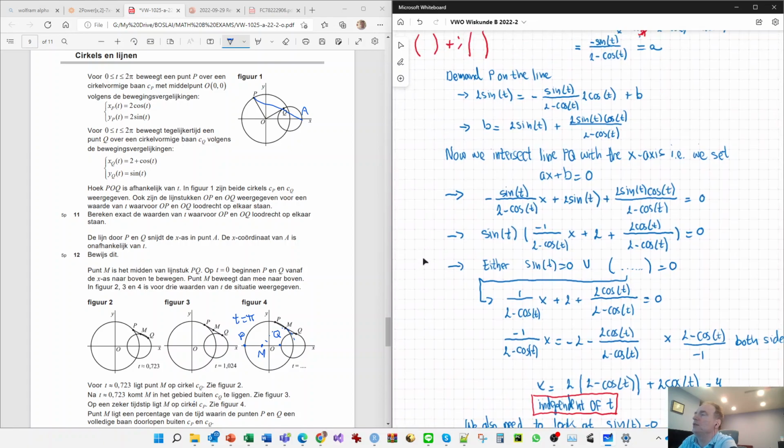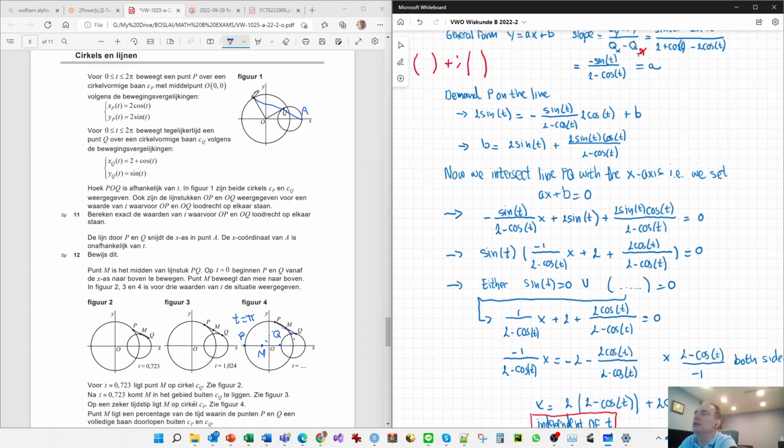Okay, so we have found our line PQ, and we want to find A, so we intersect it with the x-axis. In other words, we set ax plus b equal to 0. A is given here, B is given here.